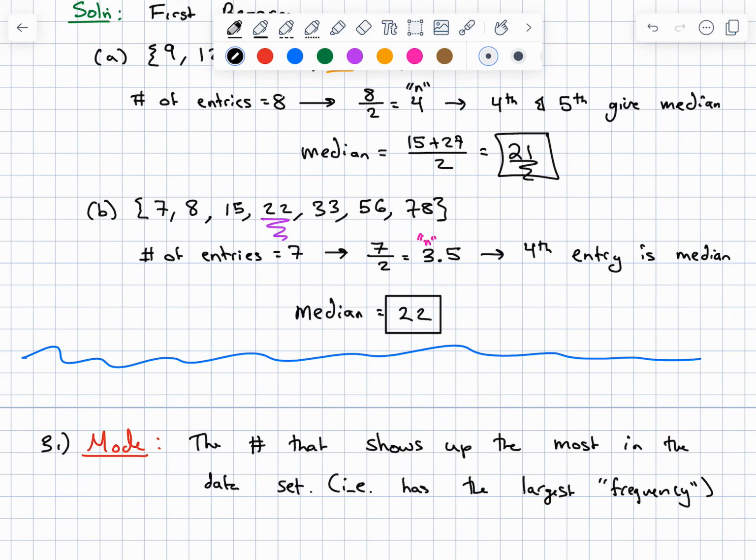Not that frequency, not like frequency of radio waves and stuff like that, but frequency as in frequent. So the number that has the largest frequency. Now there's a couple things here.